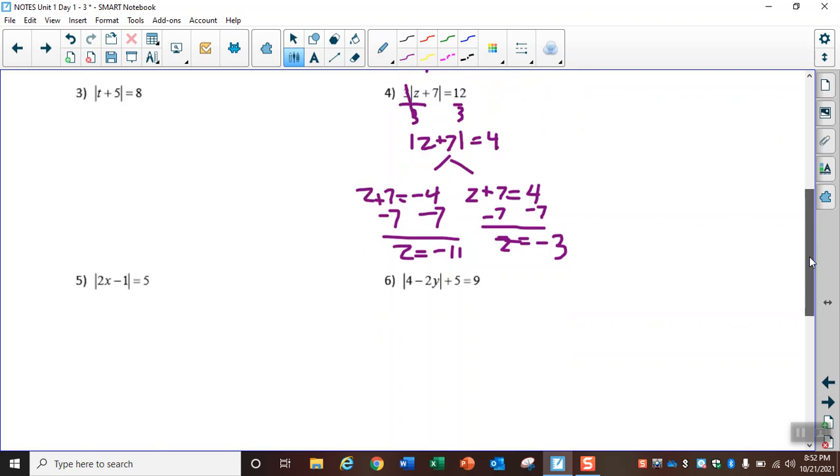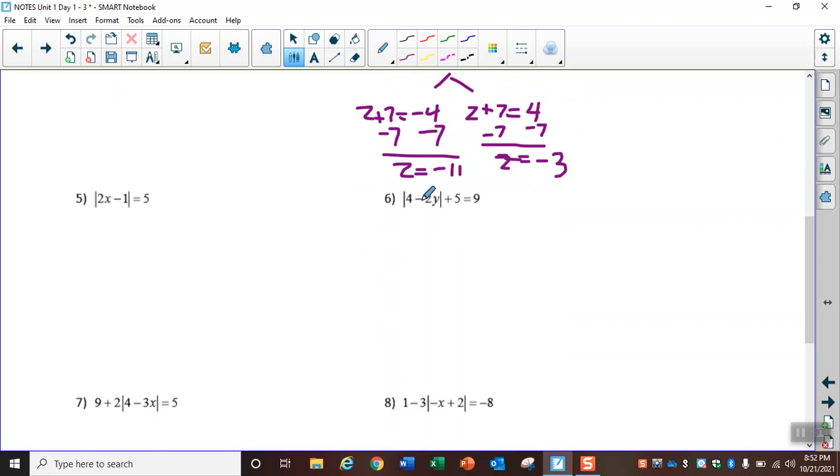So coming down to 6, I want the absolute value by itself, so I'm going to minus this 5 on both sides. So I get the absolute value of 4 minus 2y equals, and then 9 minus 5 is 4.